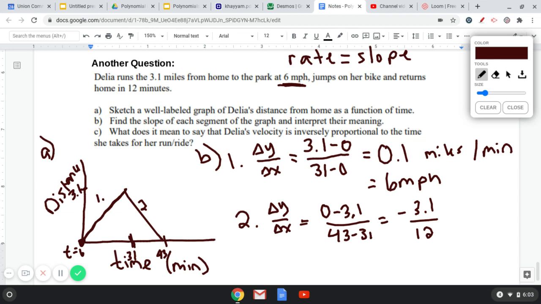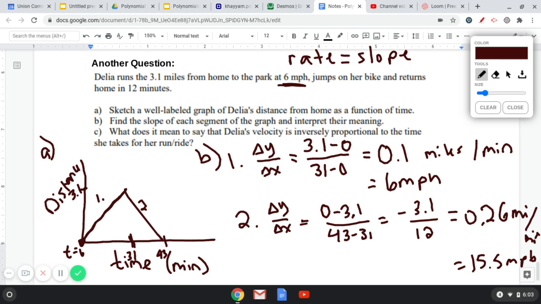So this means she went 3.1 miles in 12 minutes, which is 0.25-ish miles per minute. I'm going to multiply this by 60 to get 15.5 miles per hour.